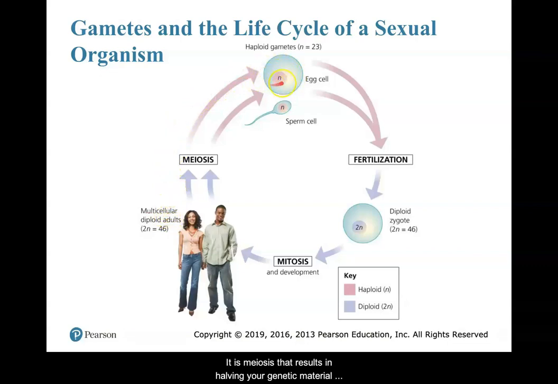It is meiosis that results in halving your genetic material, not mitosis. So I can see again that that 2N number turns to an N number. If you're female, your egg cells will undergo meiosis. If you're male, your sperm cells will undergo meiosis to give you that haploid number.